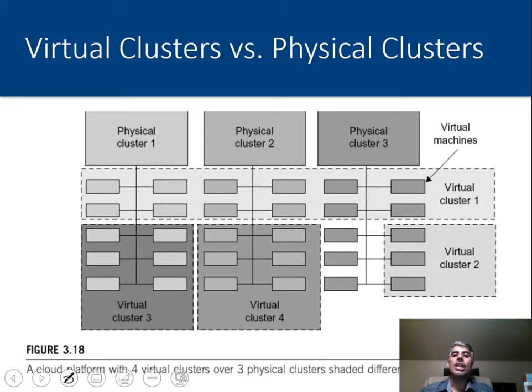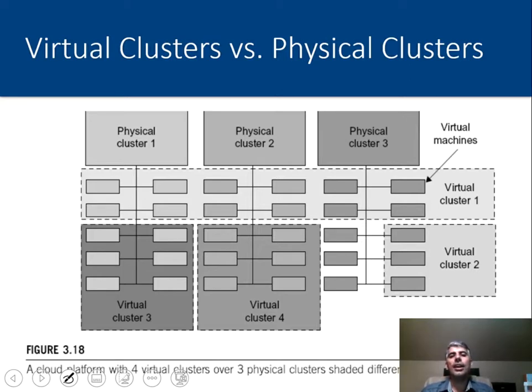Another advantage is that the configuration of your cluster is very dynamic. In other words, for example, in virtual cluster 1, you start off with 12 virtual machines. And in between, because there is less load in the input, you can probably shrink it down to 4.